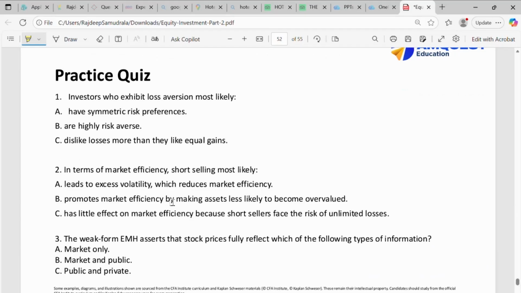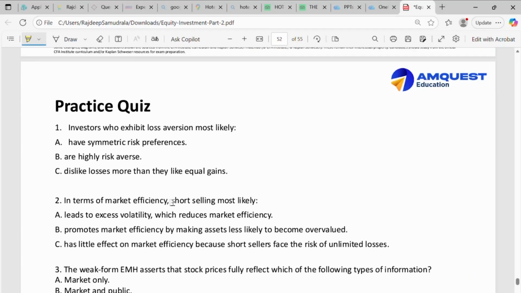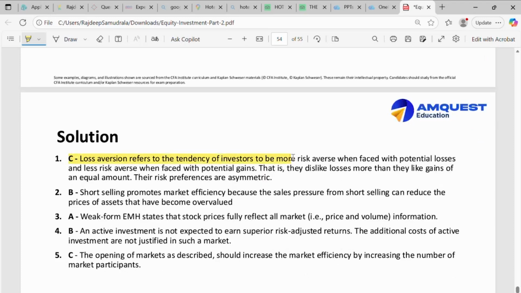Question number one: investors who exhibit loss aversion are most likely to be what? If they don't like losses, are they risk averse? They dislike losses more than they like equal gains, or they have symmetric risk preferences. They don't like losses, right? Are they necessarily risk averse? So the answer is A, B, or C? Loss aversion, right? They're trying to avoid losses, and therefore are more averse.